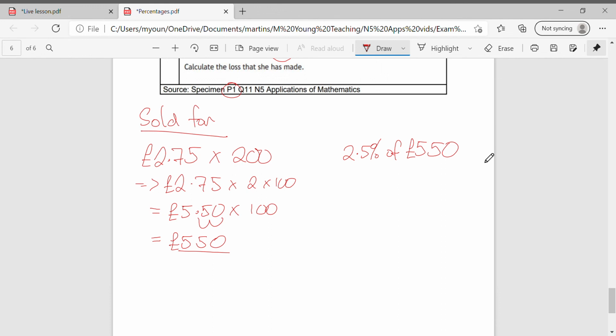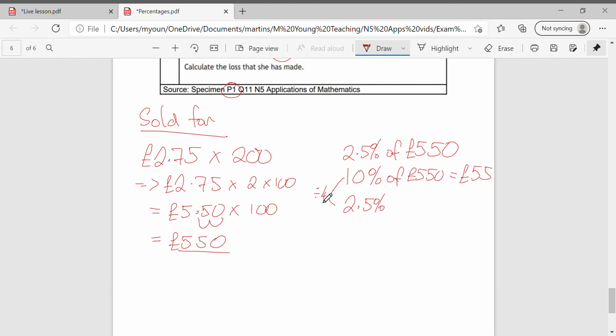What I'm going to do is work out 10% of 550. To work out 10%, I just divide by 10. So that's going to be 55. How do I go from 10% to 2.5%? What do I need to do? Well, I need to divide by 4.